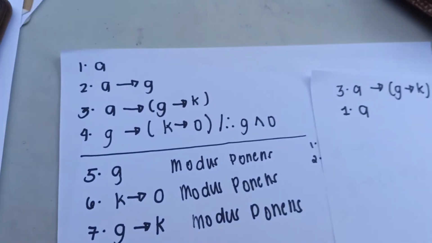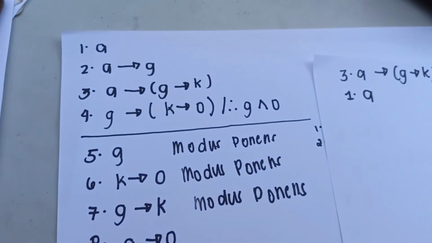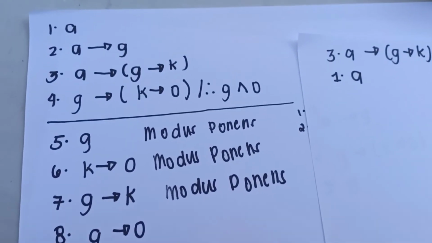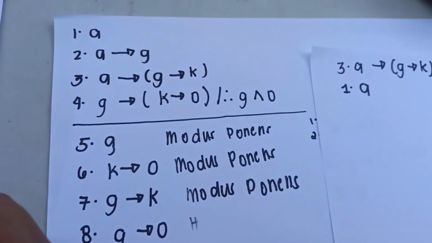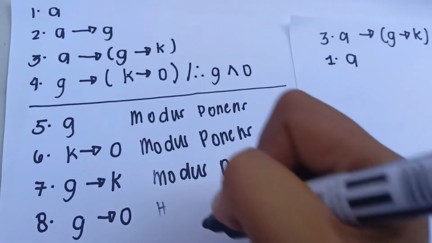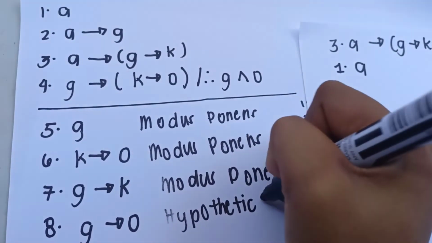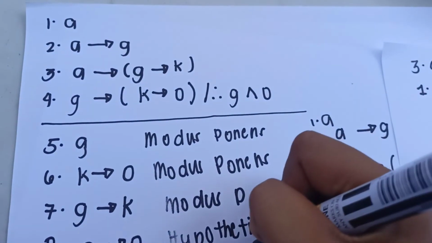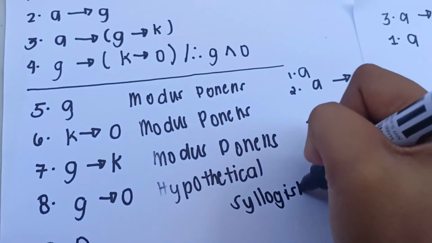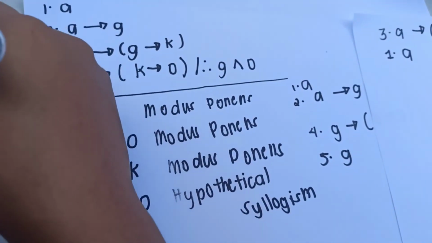So, number 8 naman is G implies O. Paano naman kaya nangyari yon? Anong rule yung ginamit natin dito? The rule that we use here is hypothetical syllogism. So, paano kaya naging hypothetical syllogism yan?